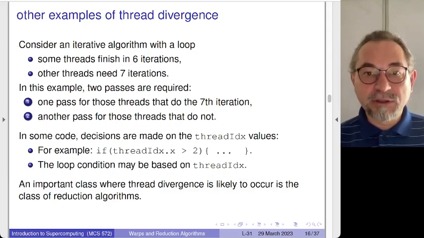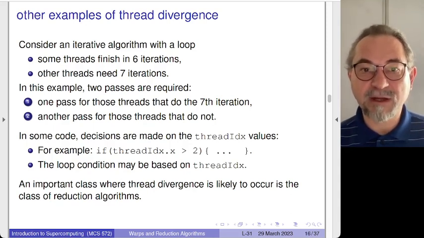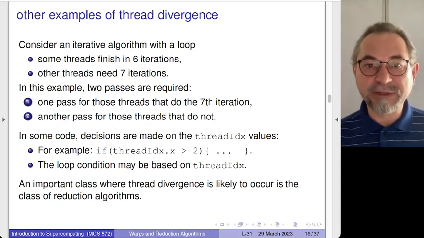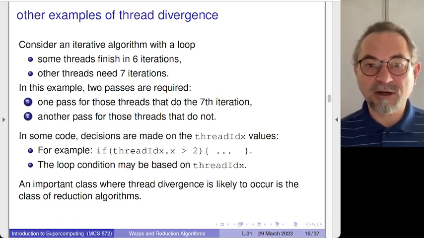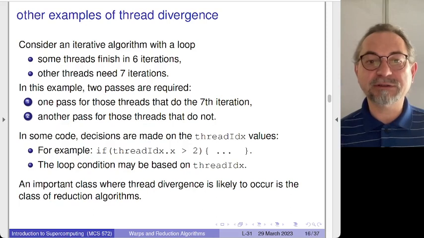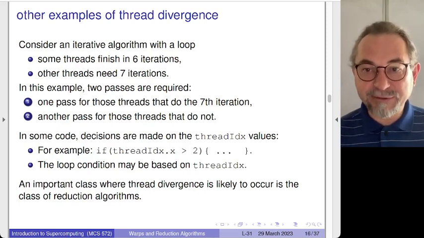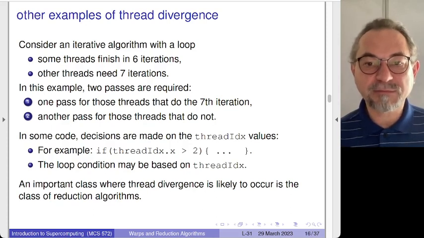Alright, so there are other examples of thread divergence. If you think about running an iterative algorithm, then on some data elements you already have convergence after 6 iterations, and on other data elements you need to do 7 iterations. So then every thread actually needs to pass through that 7th iteration.